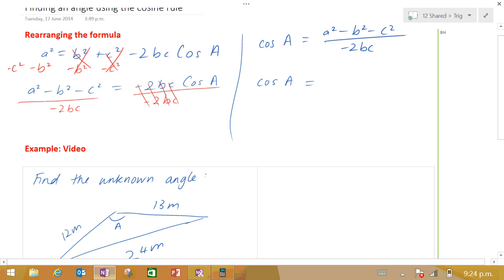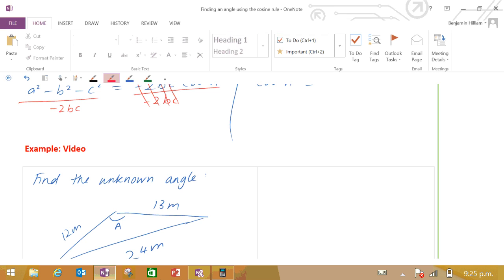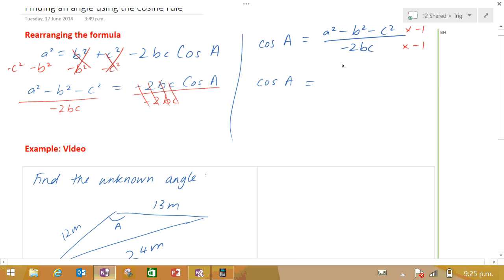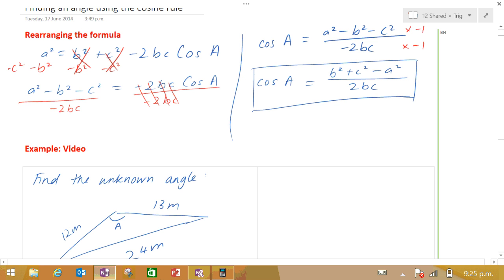I'll multiply the top by negative 1 and I'll multiply the bottom by negative 1 as well. All that does is swap all the signs around. So instead of negative b squared and negative c squared, I'm going to have b squared plus c squared minus a squared on the top, and on the bottom I'm just going to have 2bc. It's just a way of writing it without any negatives. And that's really the formula that we are looking at for angles.